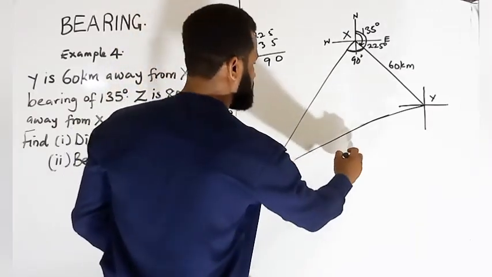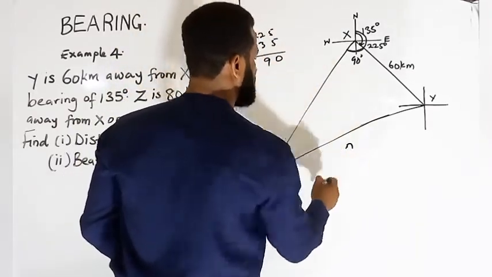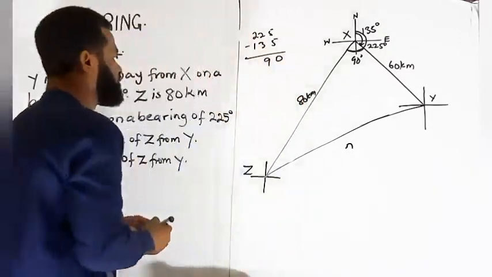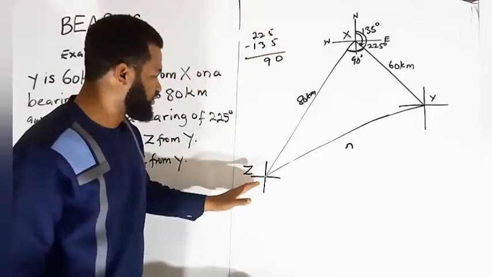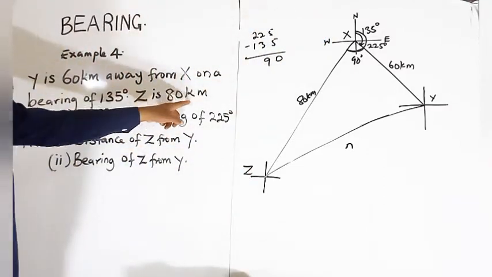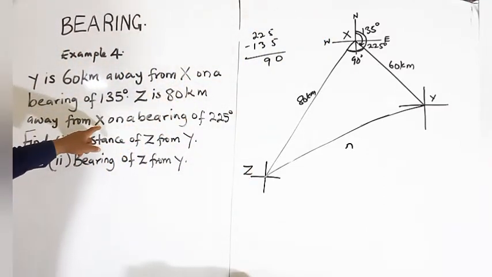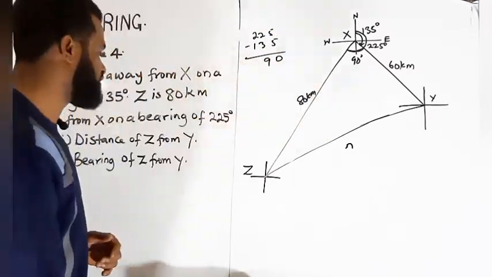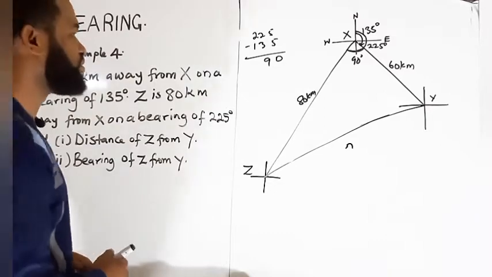Now, this is that distance called small n. Now, this is 80 kilometer, because we said Z is 80 kilometer away from X. So this is how it is. So this is a right angle triangle. This is a sketch.